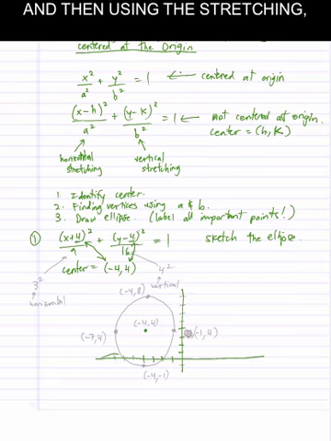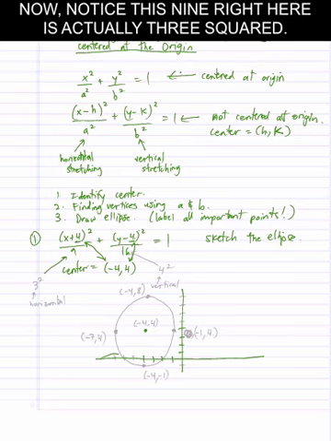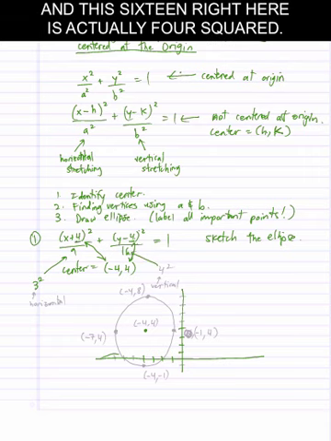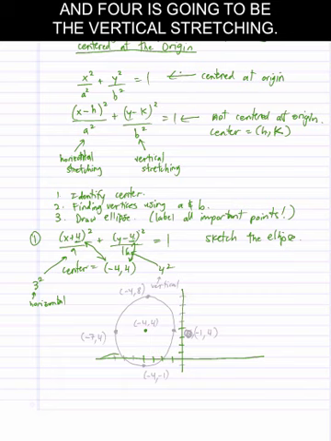And then using the stretching, we're going to see how to count. Now notice this 9 right here is actually 3 squared. And this 16 right here is actually 4 squared. That means that 3 is going to be the horizontal stretching, and 4 is going to be the vertical stretching.